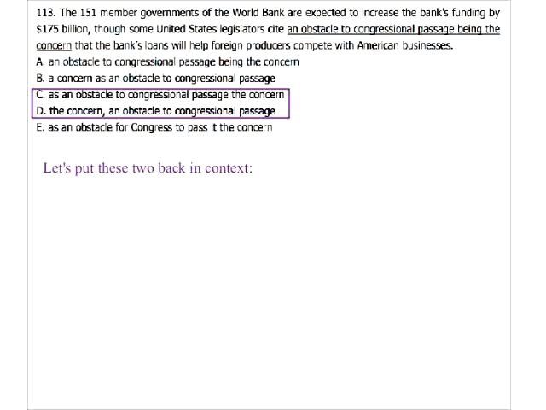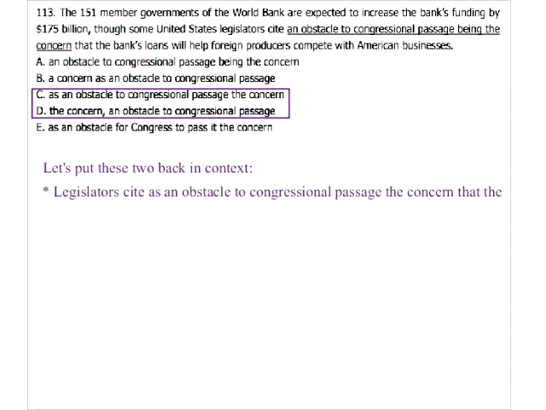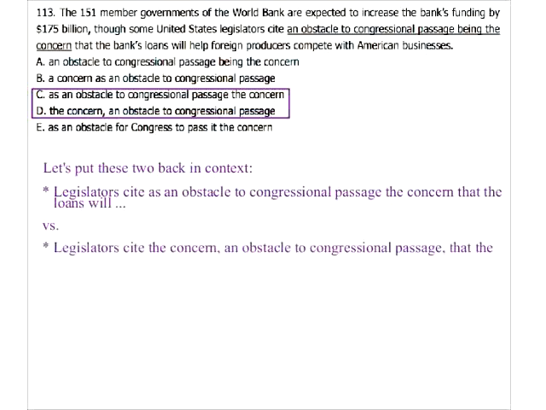So: legislators cite as an obstacle to congressional passage the concern that the loans will blah, blah, blah, versus legislators cite the concern, an obstacle to congressional passage, that the loans will blah, blah, blah.